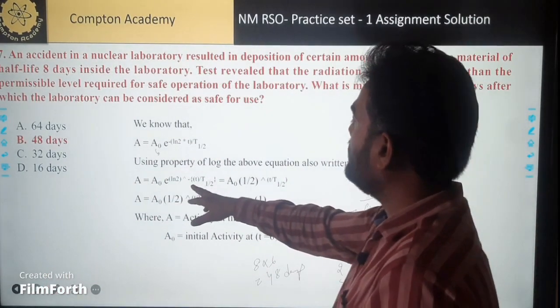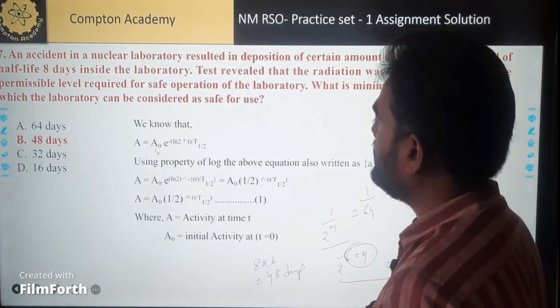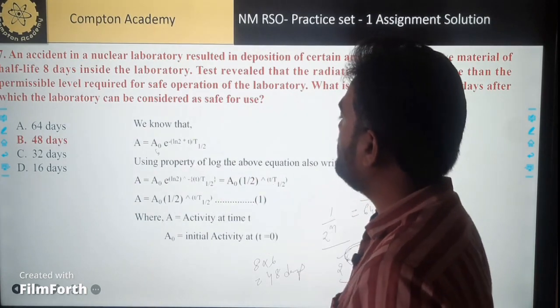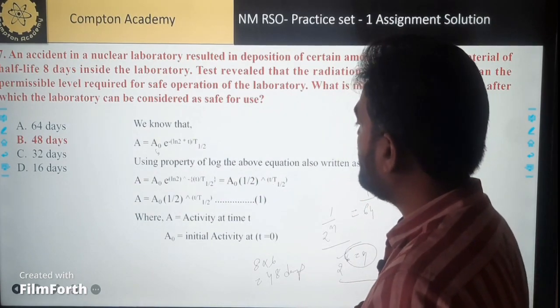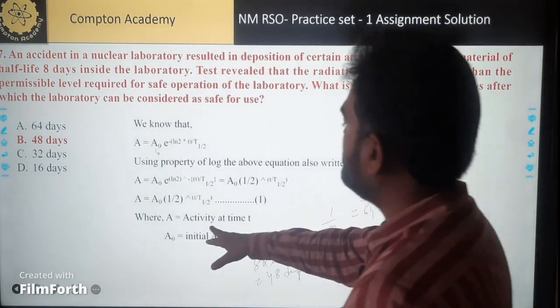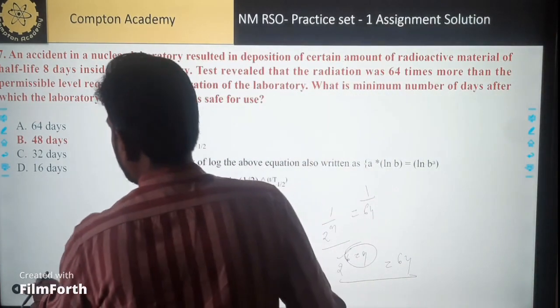Then you directly use the value of t half as 8 days, and t, the time, has to be calculated.